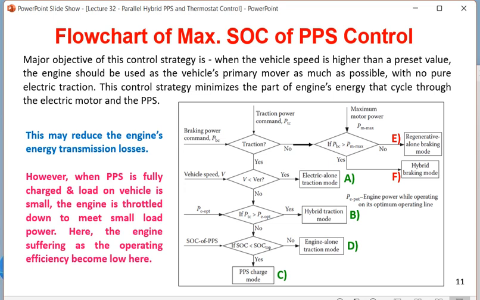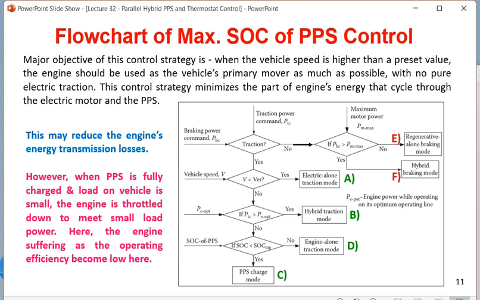That means we will not be using electric traction as much as possible. So we are talking about actually ABCD, the tractions. Control strategy minimizes the part of engine's energy that cycles through the electric motor and the PPS. So for ABCD, this is the control strategy. This may reduce the engine's energy transmission losses, because we are trying to use engine as much as possible.